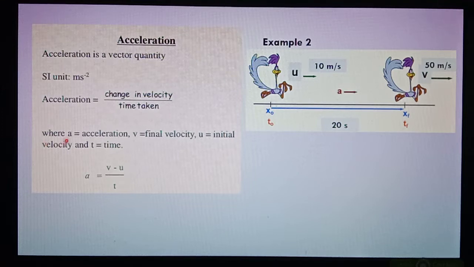Let's say we mark a as acceleration, v as final velocity, u as initial velocity, and t as time. Thus acceleration equals v minus u divided by t. The SI unit is meter per second squared, or meter second to the power negative 2.